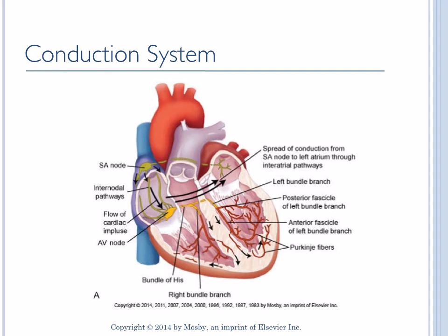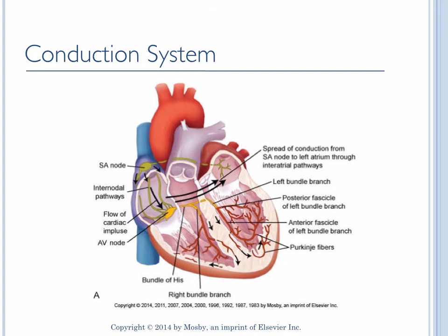The result of the cardiac cycle is the ejection of blood into the pulmonary and systemic circulation. It ends with repolarization of the contractile fiber cells in the heart and the conduction pathway, and it starts again with the same cycle.